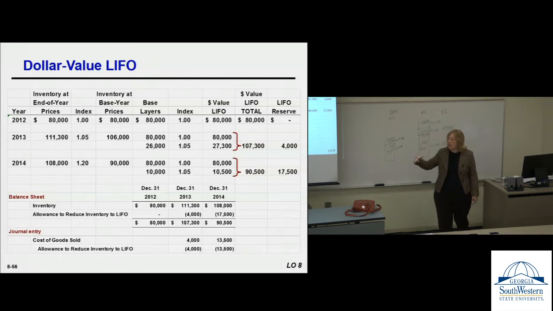If it had gone up in 2014. Our inventory did not go up in 2014, so we don't have that layer, and as a matter of fact, we ate into this layer. Since we still have a tiny bit left of this layer, we use the 1.05.